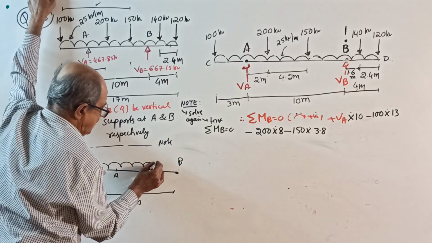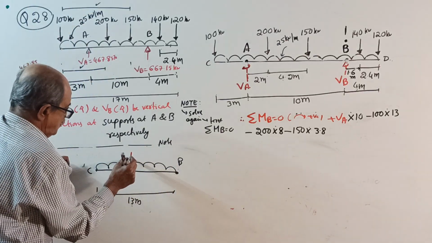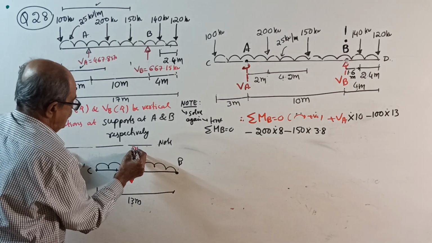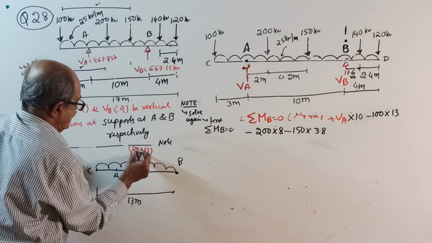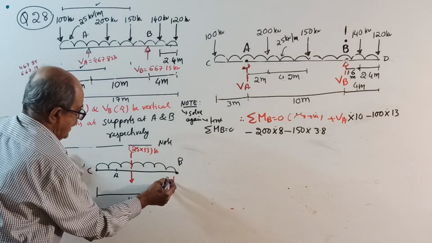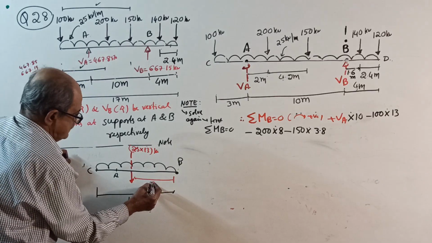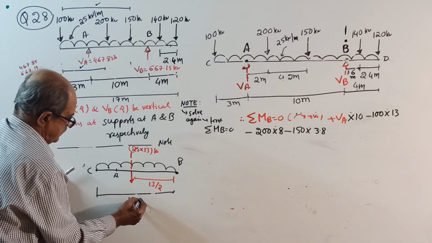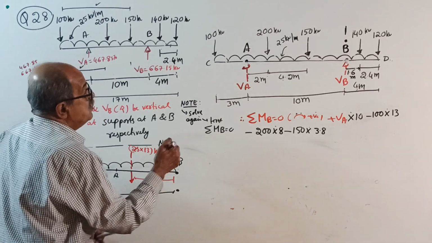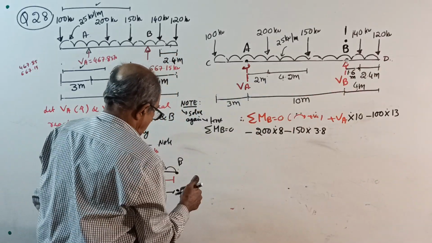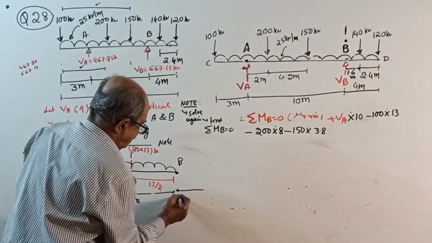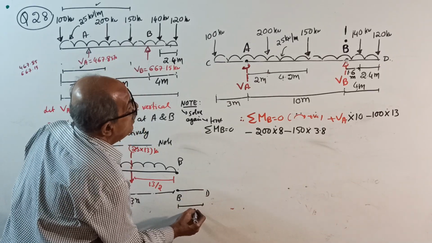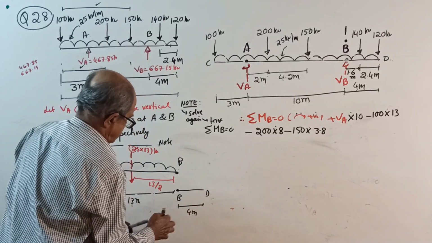First of all, I already told this one. See, now total load will be equal to, how much is it? 25 into 13 kilonewton. From B, it will be acting at 13 by 2. Whereas the UDL on the right side will be B to D, for a length of only 4 meter.